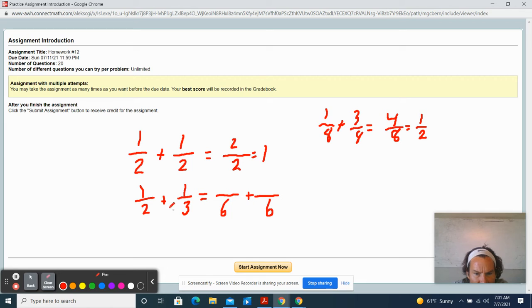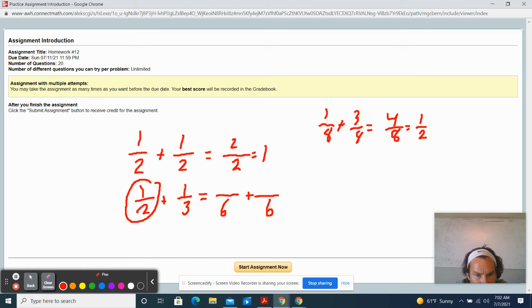So notice the denominators changed. If the denominators change, the numerators change. Let me say that again: if the denominators change, the numerators change. So now, to find out what the numerator changes to, we need to find an equivalent fraction. What's the equivalent fraction that has a 6 on the bottom that's equal to 1/2?